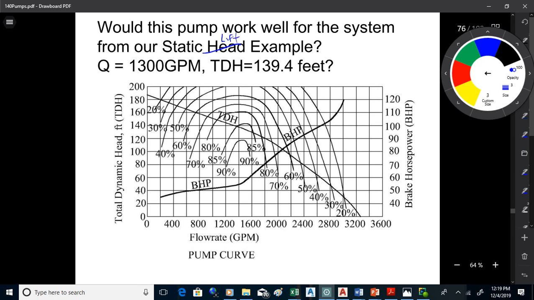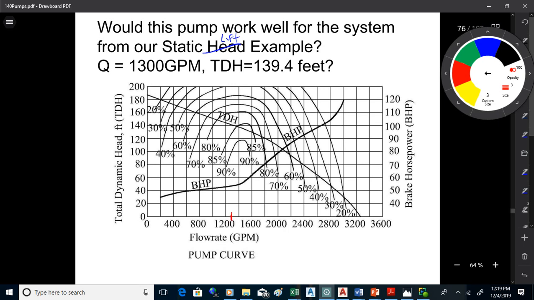All right. So let's say we have that piping system that I'm showing on page 140, and we ran through the numbers on that, and we came up with a TDH of 139.4 feet and a flow of 1,300 gallons per minute. Now let's have a look at this pump. Let's plot that up on this pump curve, and let's see how that fits, okay?